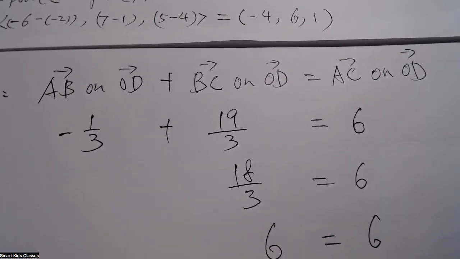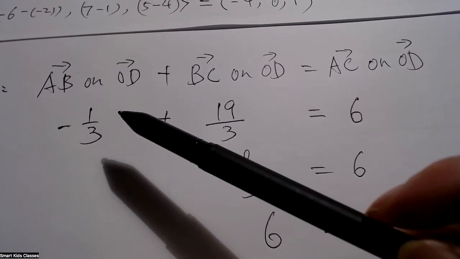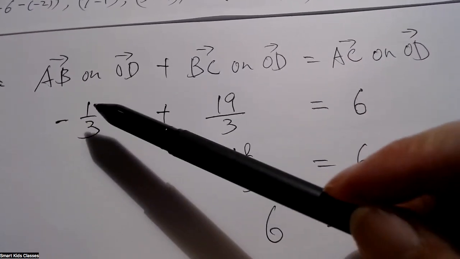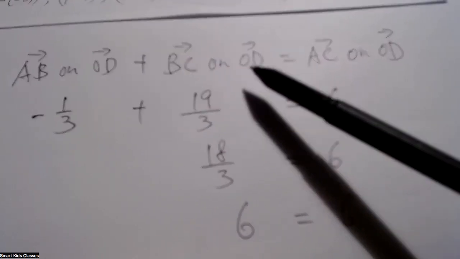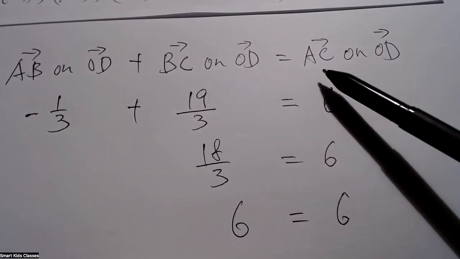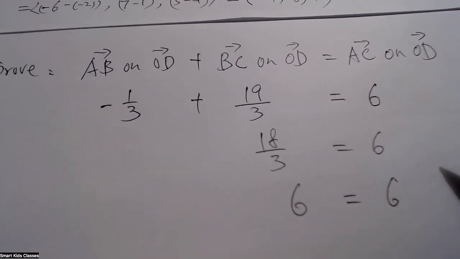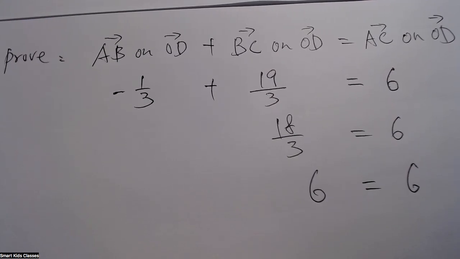So we successfully prove that vector AB on OD, which is -1/3, plus vector BC on vector OD, 19/3, is equal to vector AC on vector OD. So left side equals right side. So we successfully complete the question.